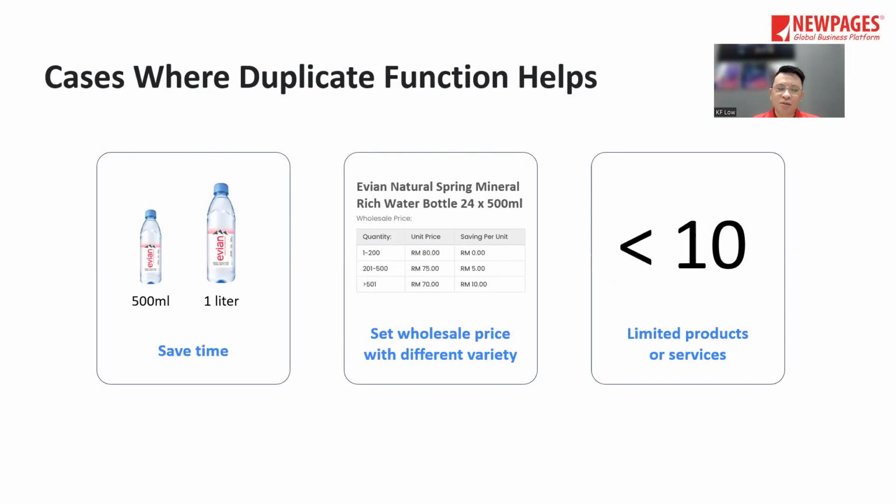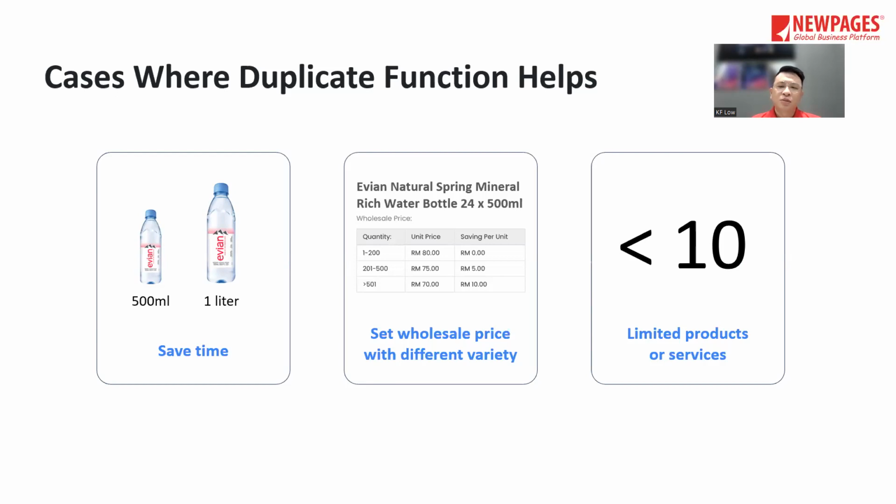Because when it comes to presentation, when you want to show it to your customers, the more the better. When you post more products, that is where you create more landing pages. And when you have more landing pages, that is where you create more exposure. You target different segments of people.